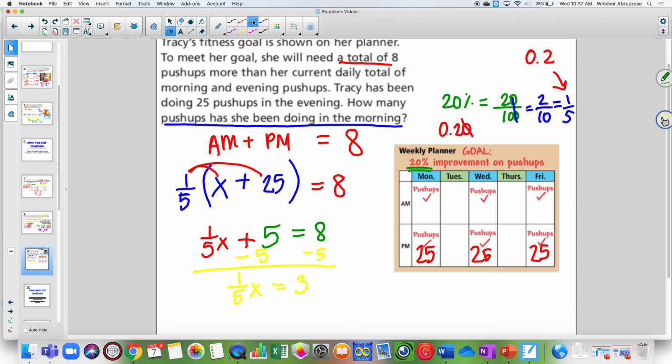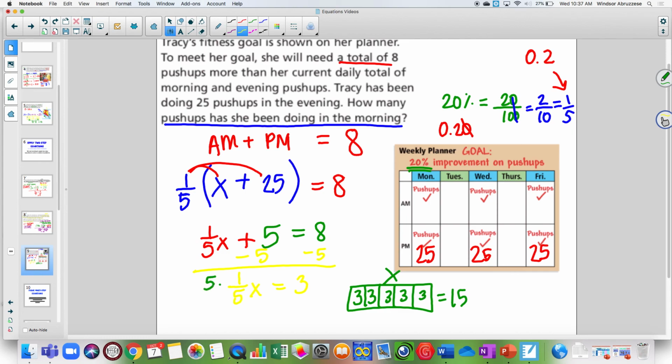1/5 of some number is equal to 3. Let's draw our bar model. 1/5 of a number is 3. So 1/5 is 3, which means all of these have to be 3, which means the whole number has to be 15. Or you can, this is 1/5 of a number, 1 divided by 5. What's the opposite of 1 divided by 5?